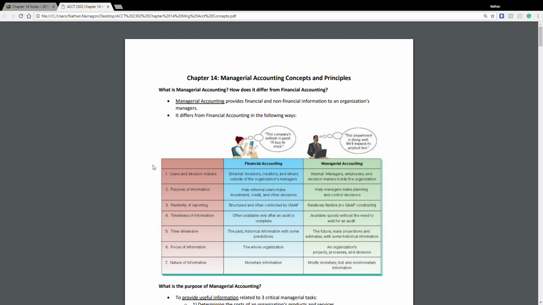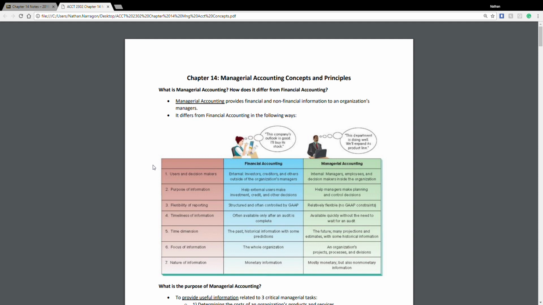So, chapter 14. Let's dive into it. Basically, what is managerial accounting? Why does it differ? If you're from 2301, you know we had to deal with a lot of external forces, external users, and that included our customers, our investors, anybody outside the company.